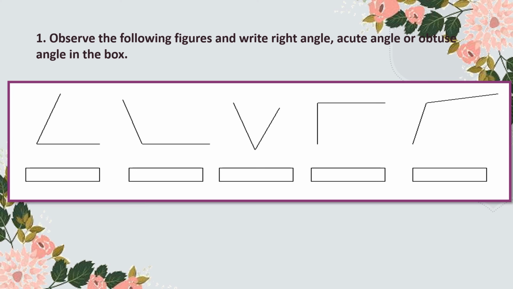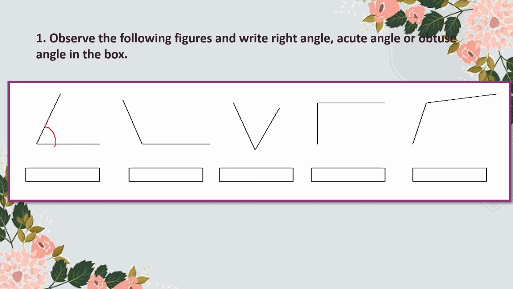Here in this picture, you have to observe the following figures and write right angle, acute angle or obtuse angle in the box. You can do this for your homework and we can discuss it in the comment section below as to which answers you got correct. The first angle that you see here, you have to write down the name of this angle, whether it is more than 90 degrees.